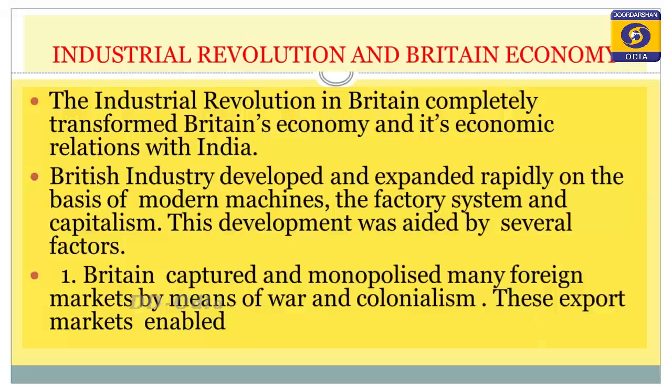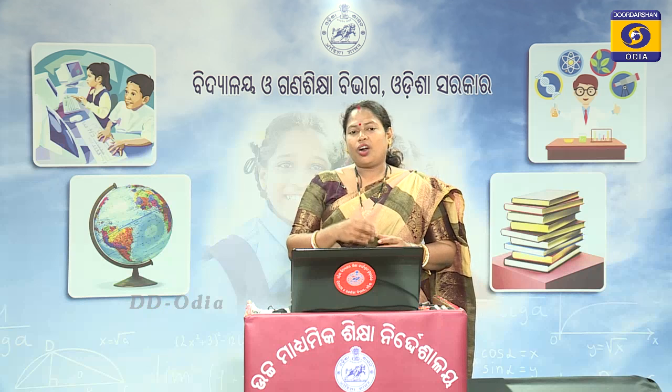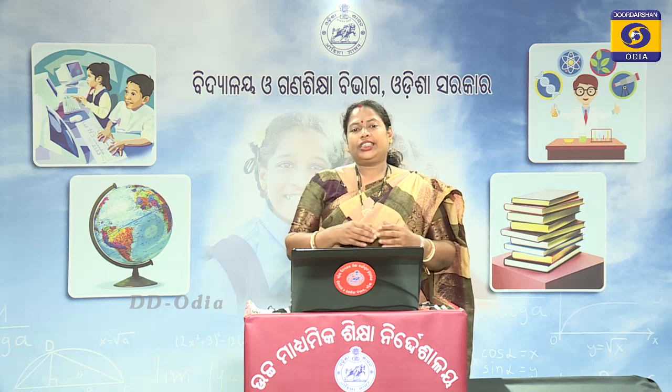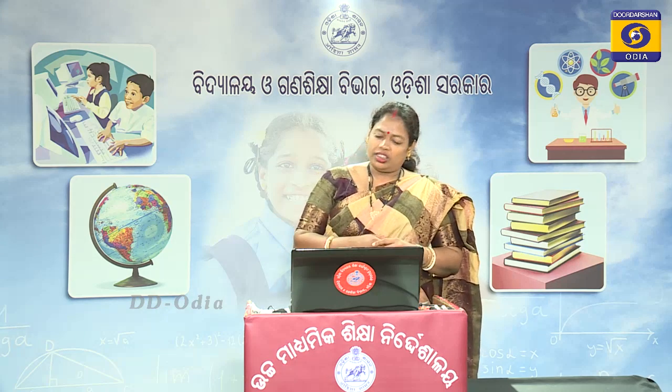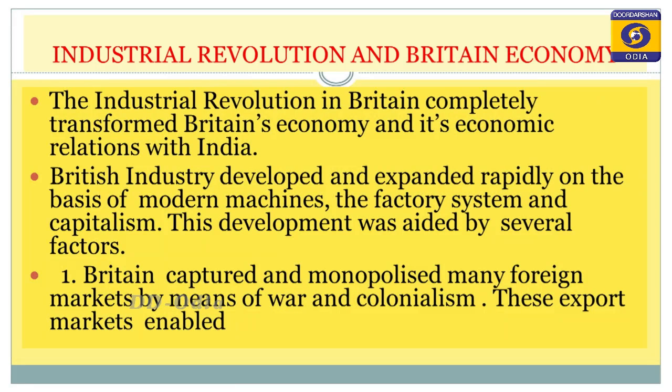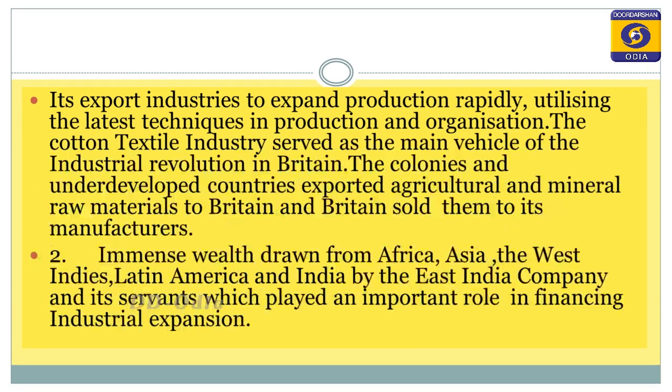Britain captured and monopolized many foreign markets by means of war and colonialism. The Britishers followed the policy of war and conquest in order to establish their colonies in different parts of the world. So, these export markets enabled Britain to become more prosperous, and its export industries to expand production rapidly, utilizing the latest techniques in production and organization.